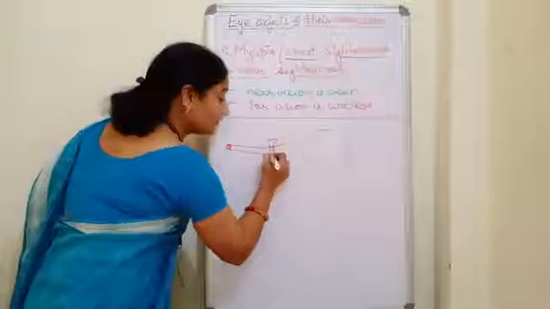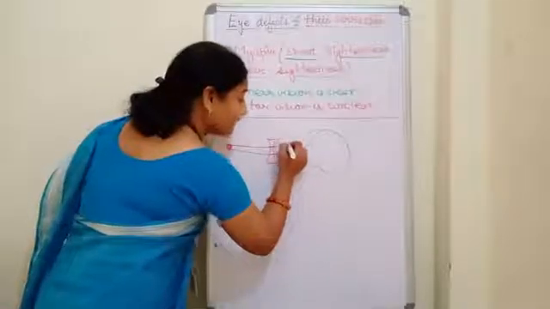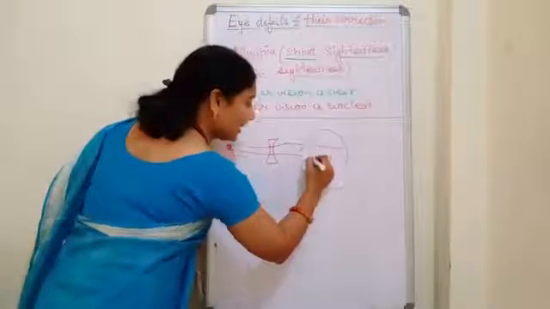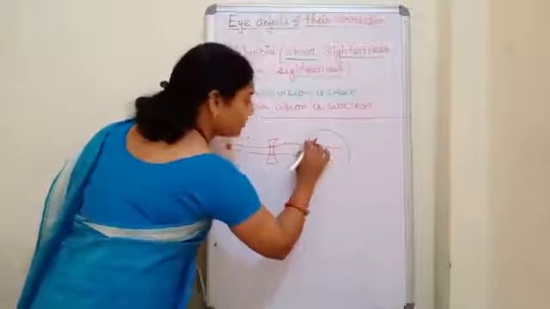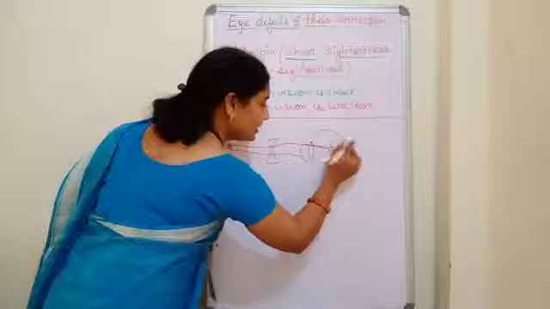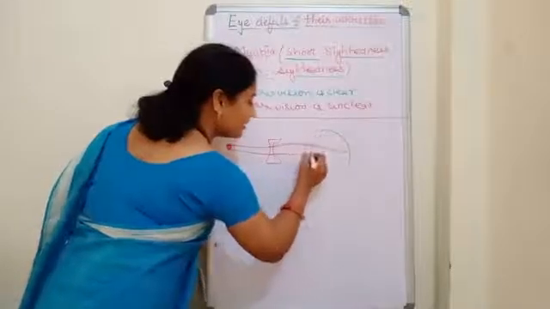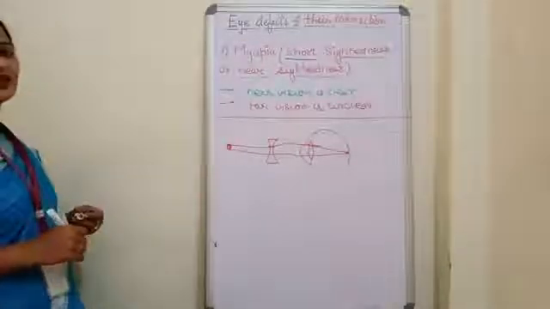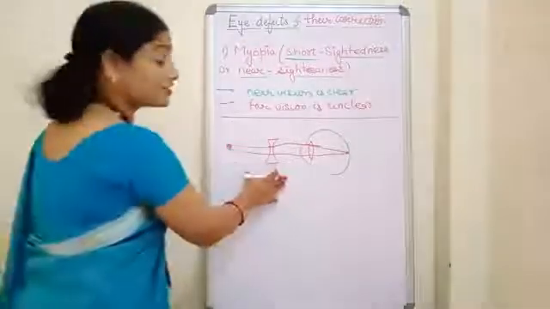It will diverge a little, and when that diverged ray enters the eye, through the convex lens it will converge and form the image here. So this is the correction, children.